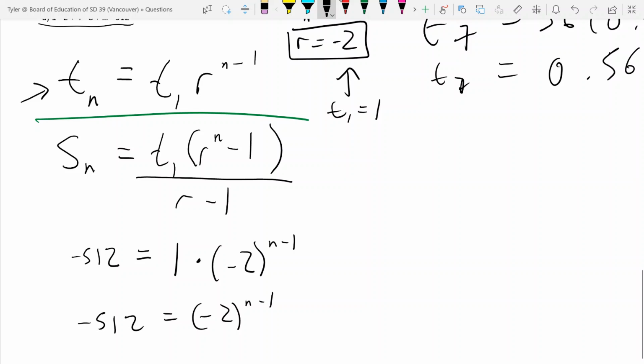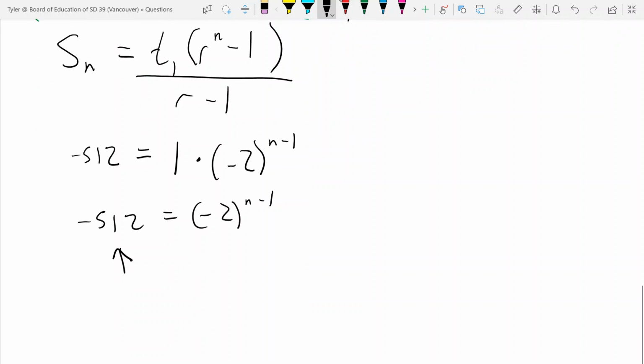What we have to do here, it's kind of tricky, is turn this into a base 2. -2 to the power of something is equal to -2 to the power of n minus 1, so we've got to figure out what number turns it into 512. There are a lot of different ways, but honestly the easiest way is trial and error. We know it's going to be 2 times something, so we look at what 2 to the power of what gives us 512.